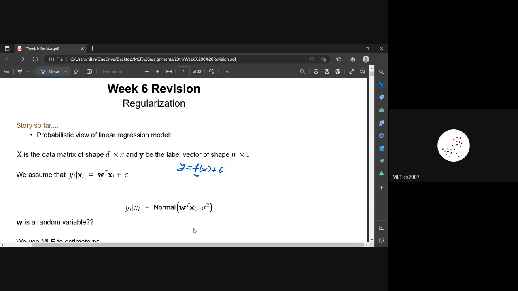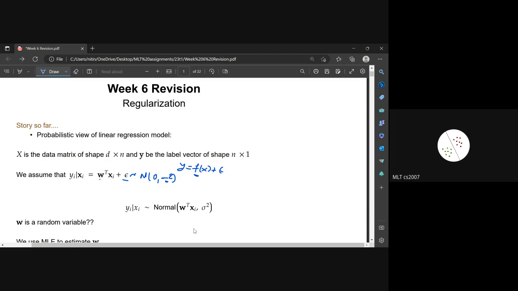Here we make the assumption that every data point in the training data set has some noise associated with it, and that noise comes from a Gaussian distribution. So epsilon follows a normal distribution with mean 0 and some variance sigma square. That's a reasonable assumption, because on average the noise associated with each data point is 0, with some variance.